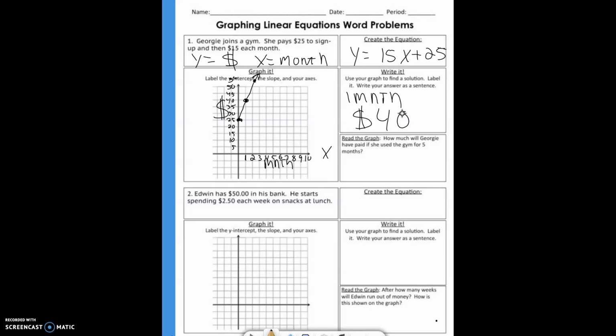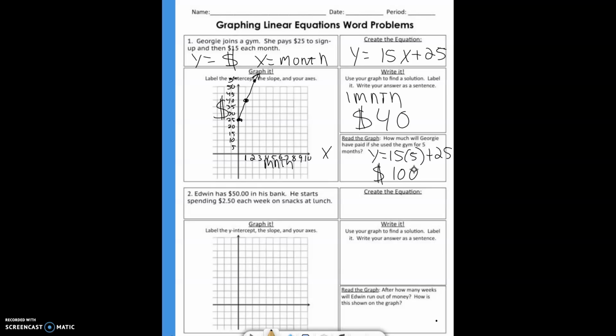Well, 5 months kind of ran off our graph, didn't it? If you kept going with the graph, we could also plug in 5 right here, and 25. If I went up a little further on the graph, 5 months is going to be $100. I think if I went by 10, you'd probably see it on the graph where I went up to 100.